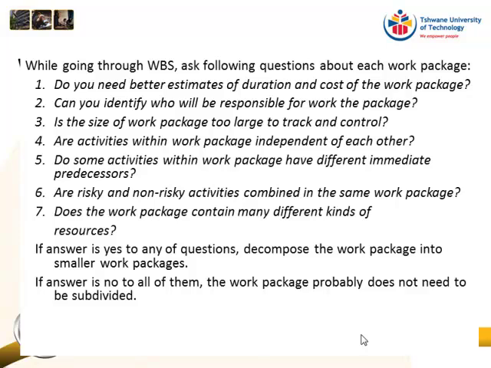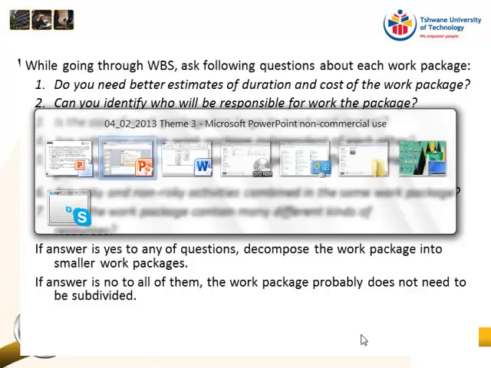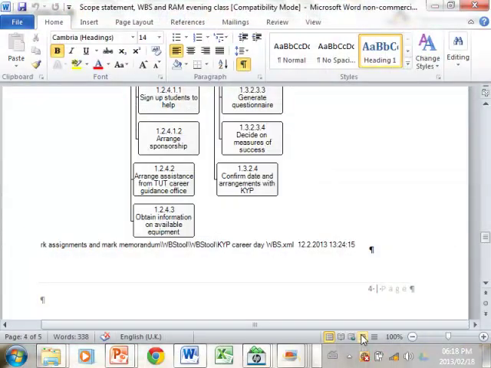So can I take this work package that I have over here, say of decide on measures of success, and can I estimate what the effort of that is going to be? Yes, I can probably estimate that it will take me 1 day to do that, and that I will then have to spend maybe 15 minutes in class with you guys to confirm that.